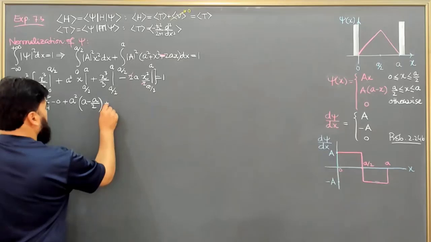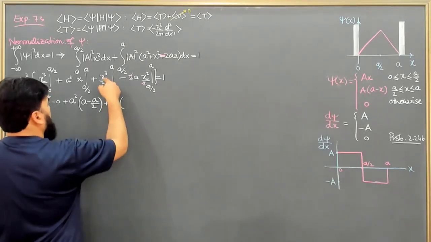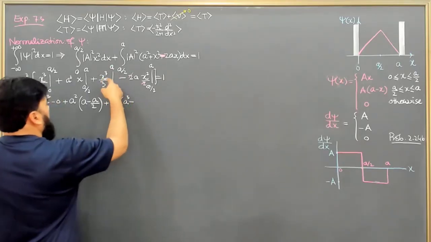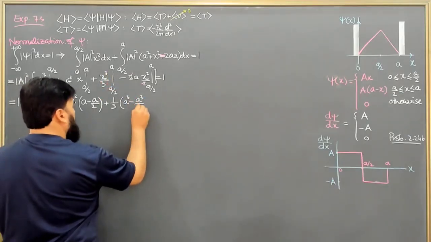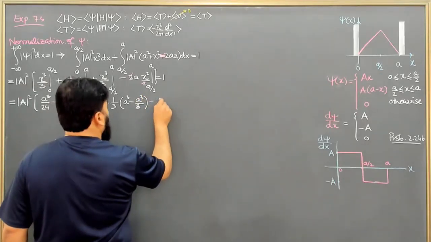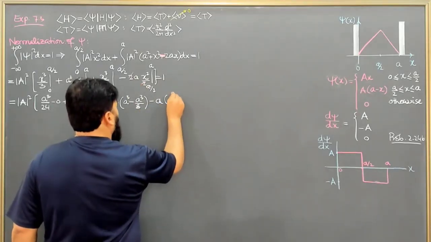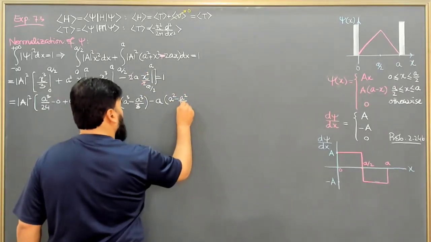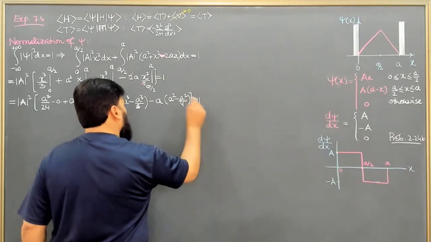Then plus, take common 1 over 3 and put the limits, it will be a cube minus a cube over 8, and then minus a here, and a square minus a square over 4, because it is x square, and this whole will be equal to 1.